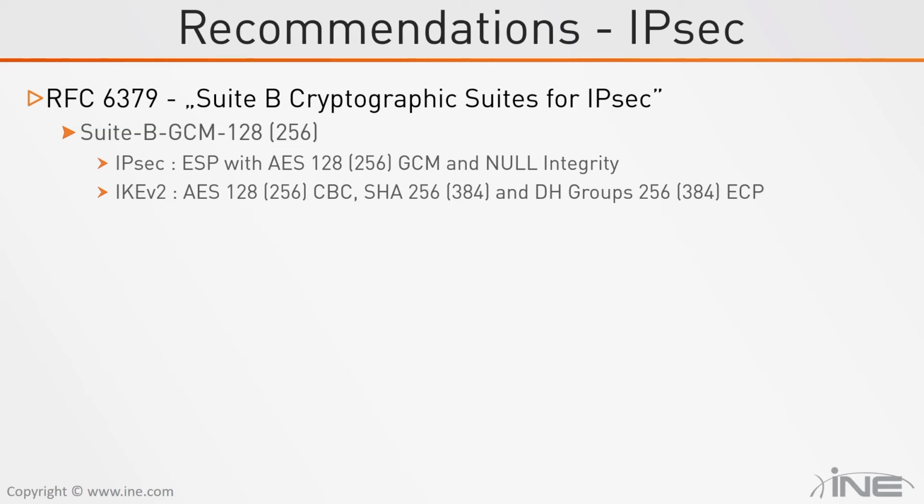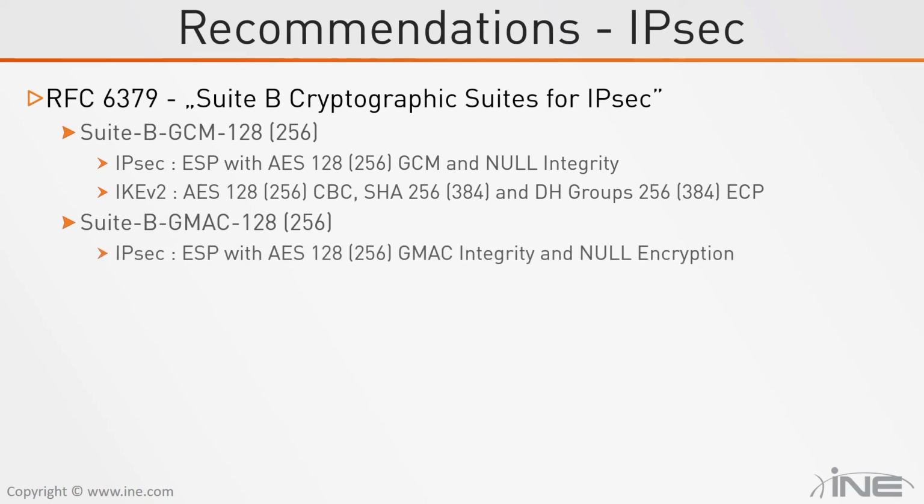Okay, and the very similar thing we will see here for the second suite. The main difference is that we are now talking about Galois message authentication code, which is authentication and integrity, but not encryption. So this is talking about, as we will see in just a second, protection of the data packets.